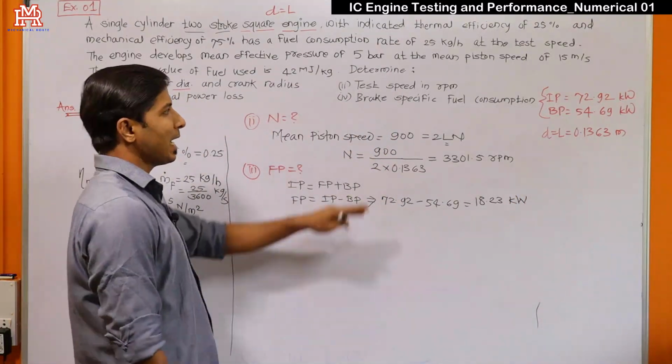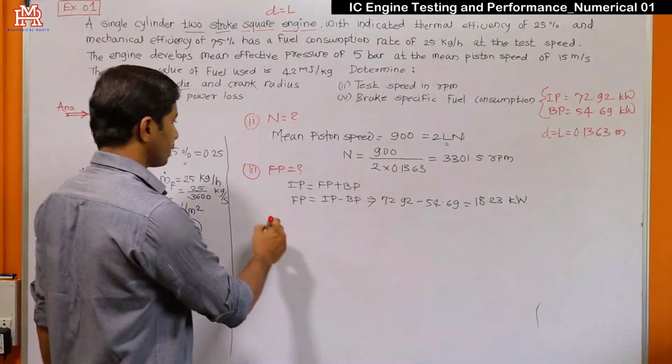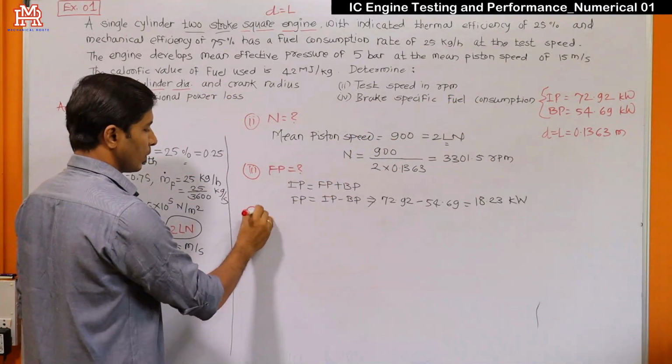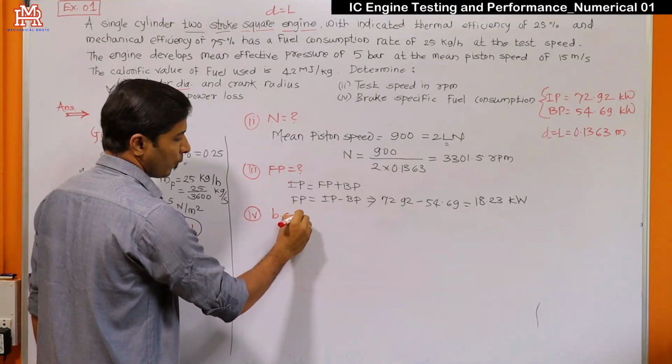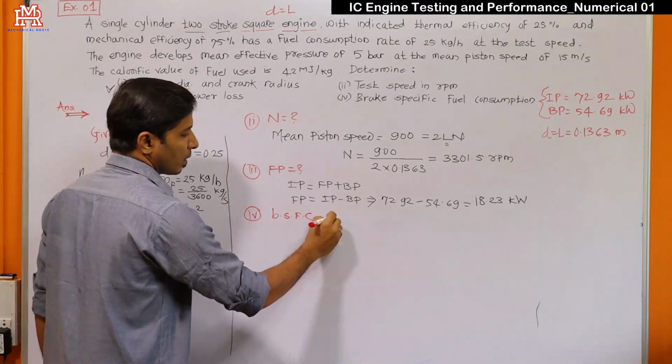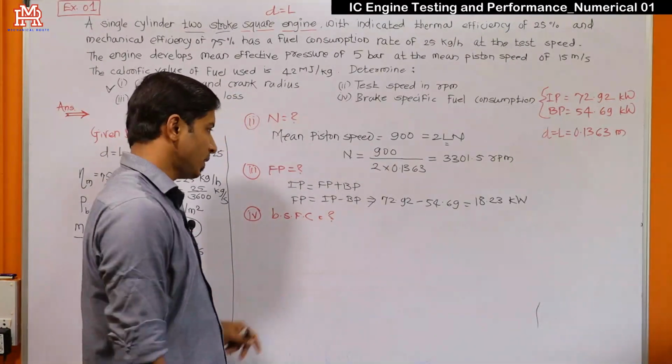Now we will determine the last parameter, brake specific fuel consumption. We call it BSFC. This has been asked, and we have the formula for BSFC.